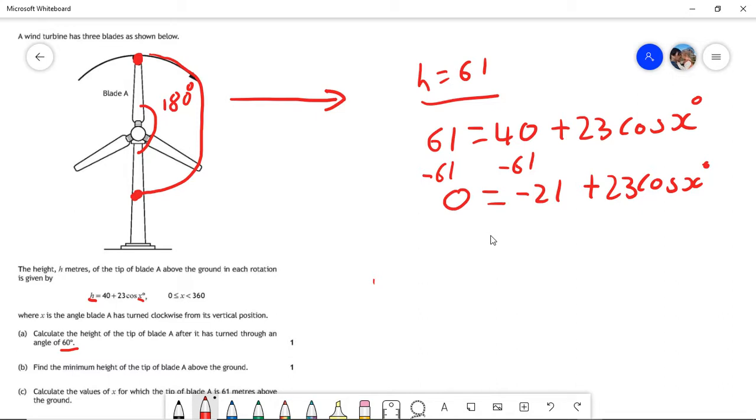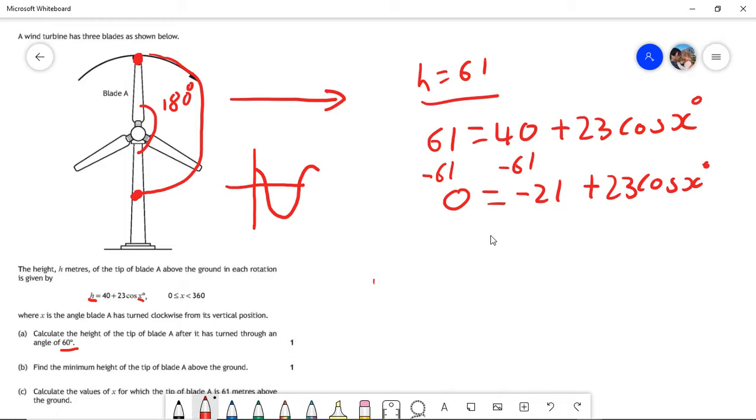So what this tells me is this graph would be a magnitude of 23, but vertically translated -21. So I will just quickly draw what I think that would look like. It's going to be this bucket shape like this. But it's going to be shifted down quite a lot. It's been moved down -21.